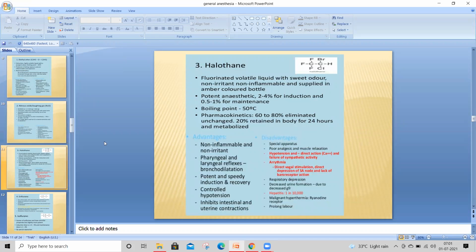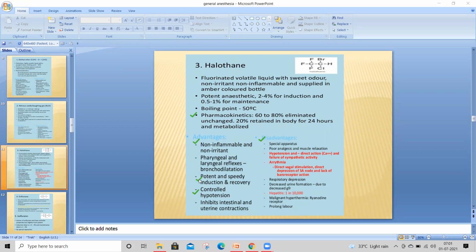Next is halothane. Halothane is one of the important general anesthetics. And you can see here the pharmacokinetics of halothane. And again, the advantage and disadvantage of halothane, you have to know. This one is also non-inflammable and non-irritating. And halothane may maintain controlled hypertension.